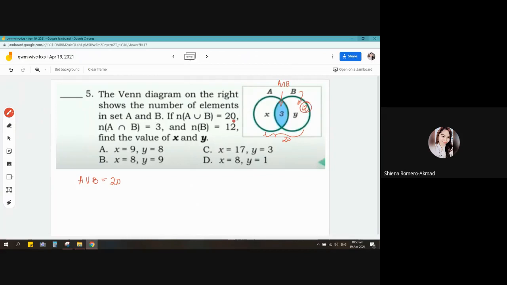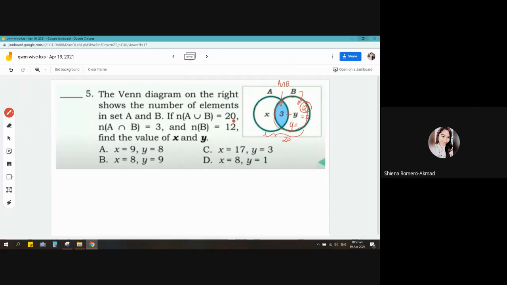Anong ibig sabihin ng 3 dito? Ibig sabihin, there are 3 elements both in X and Y, or both in A and B, that are the same. So, paano kaya natin gagamitin yung mga informations na to for us to find what is the value of X and Y? If you look at the given, si Y, 12 daw yung elements niyan. So, ibig sabihin, 3 plus Y equals 12.